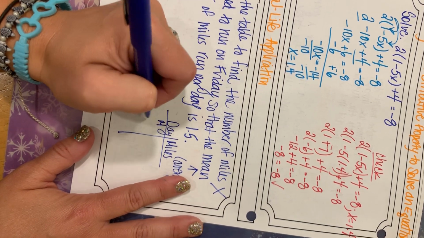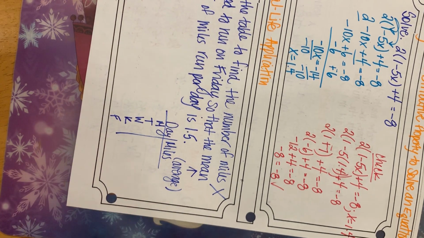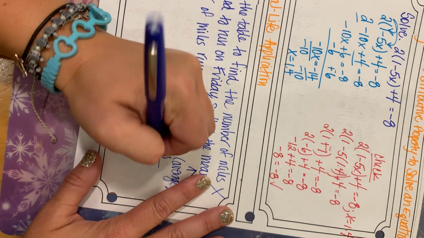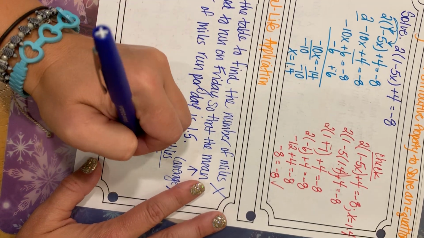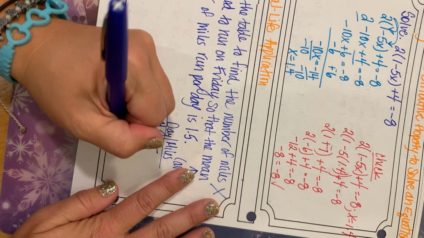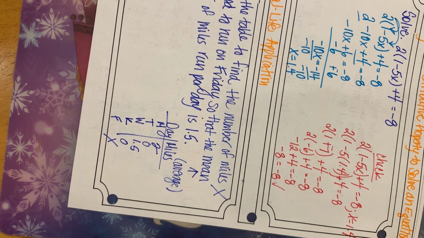So I've got Monday, Tuesday, Wednesday, Thursday, Friday. I don't know why I use an R, but I use an R for Thursday. So Monday it says we did 2 miles, Tuesday none, Wednesday 1.5, Thursday none, and Friday is our x. So that's the information given to us.